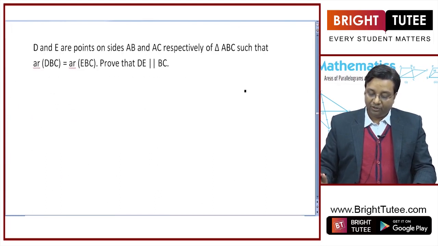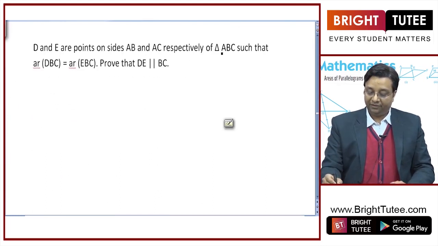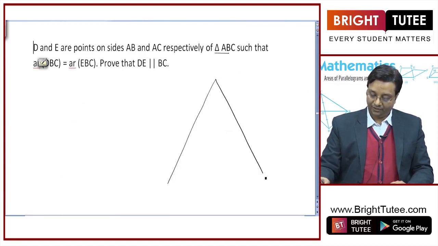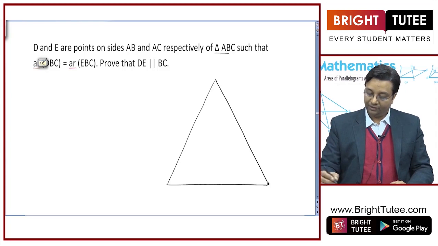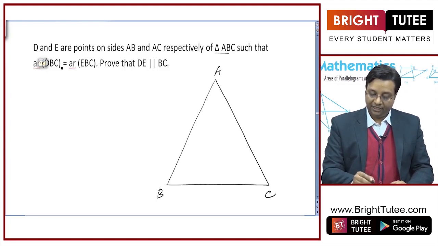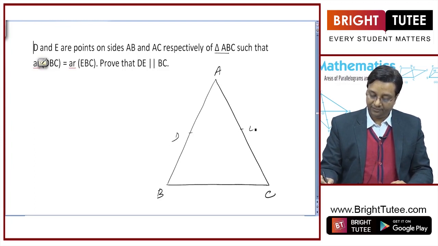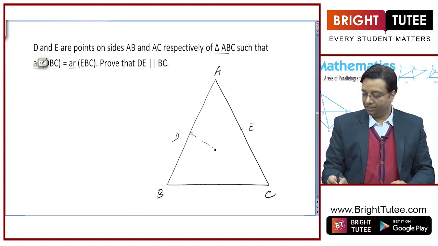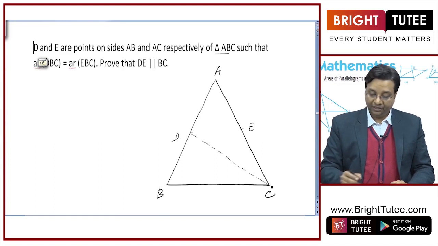D and E are points on side AB and AC respectively of triangle ABC. Let us say this is triangle ABC. D and E are points on AB and AC, such that area of triangle DBC, let me join D and C, is equal to area of EBC.